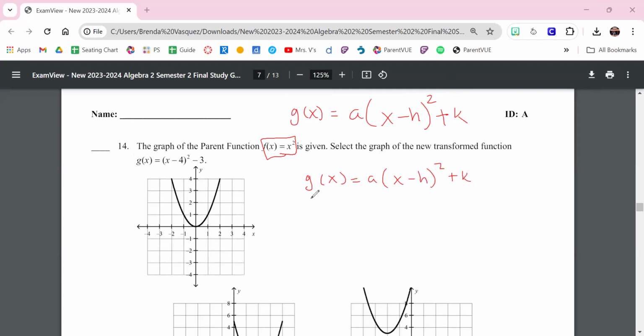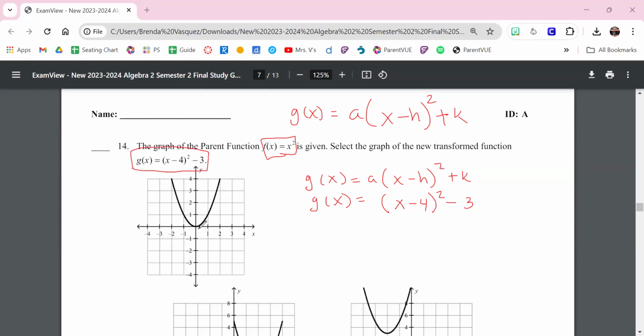I'm going to write my other g of x: g of x equals, let's see, there's no a, but I do have (x minus 4) squared minus 3.